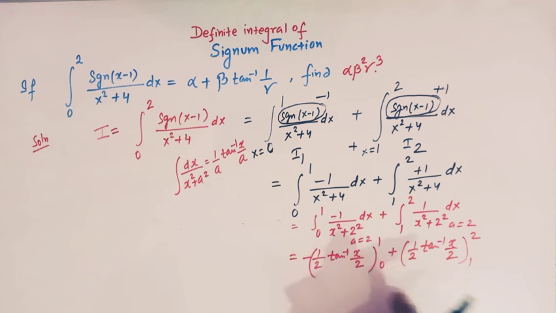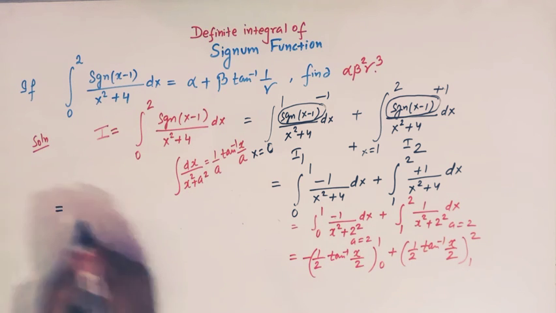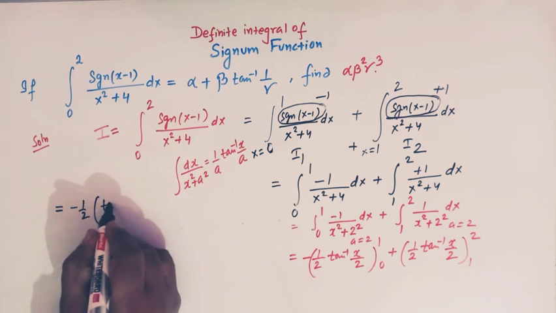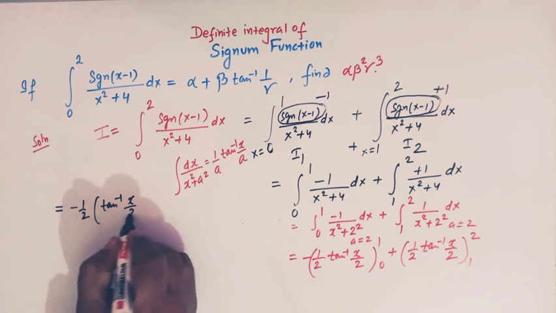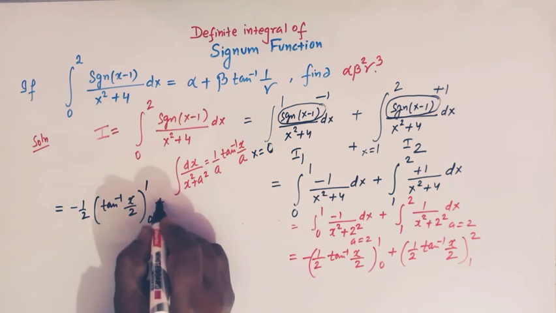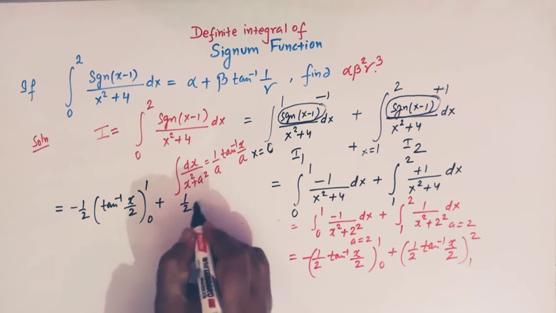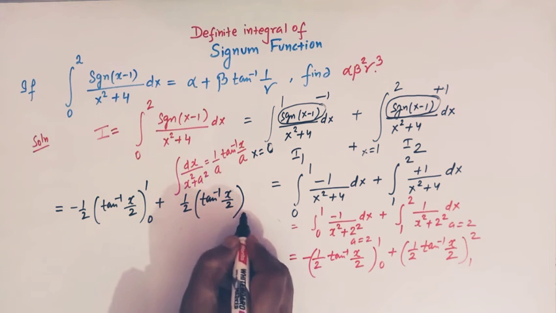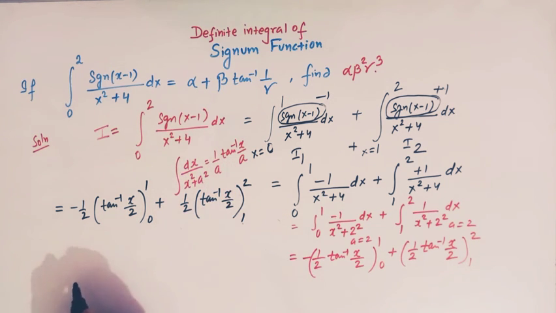So now this expression can also be written by taking half outside: half tan inverse x over 2 with limits 0 to 1, and half tan inverse x over 2 with limits from 1 to 2, right?